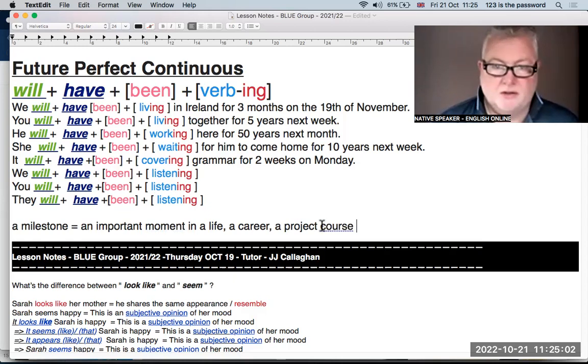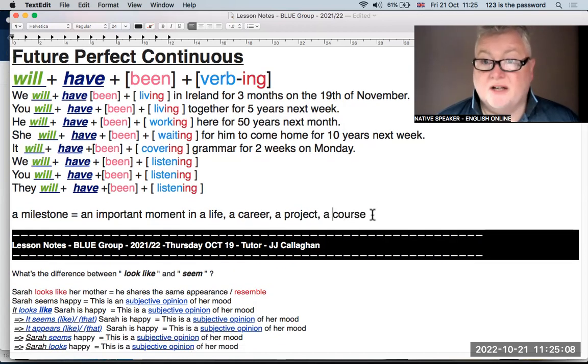So a project, course, like that. If you're going to college for 5 years, and you're at 2.5, that's a milestone. When you leave secondary school and go to college, that's a big milestone in your life. When you finish college, that's a big milestone.